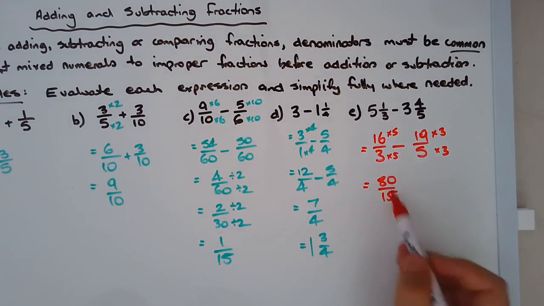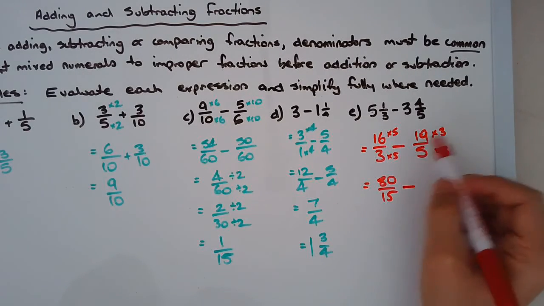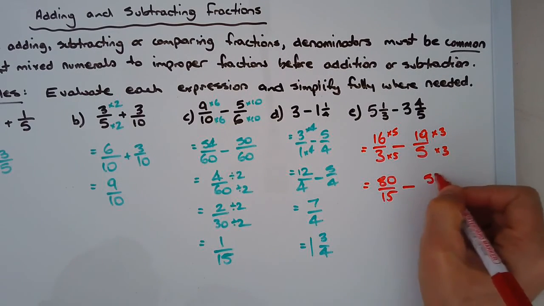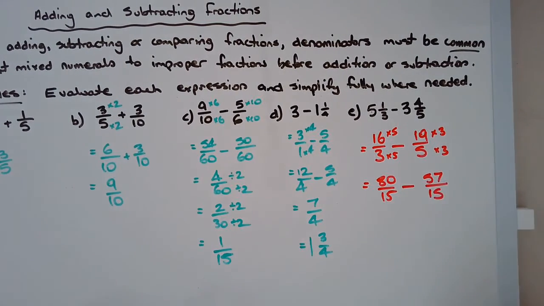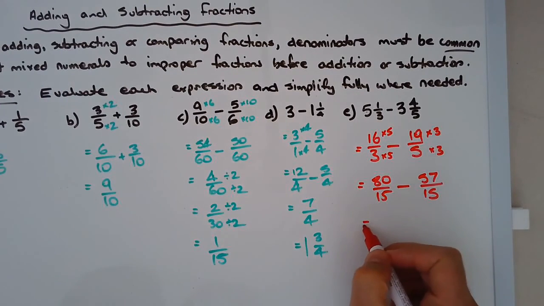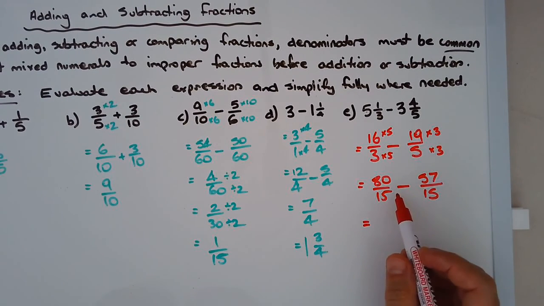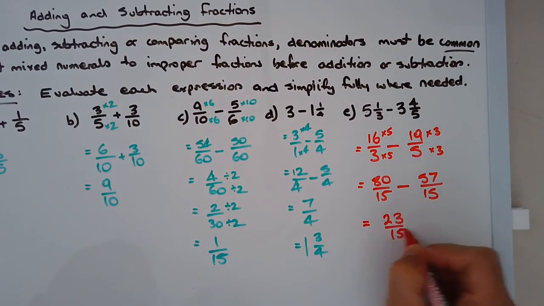So that's the equivalent fraction of 5 1/3, as an improper fraction. Minus, now 19 times 3 is 57 over 5 times 3 is 15. Now the denominators are identical, they're common, we can now subtract the numerators directly. So 80 minus 57 is 23 over 15.